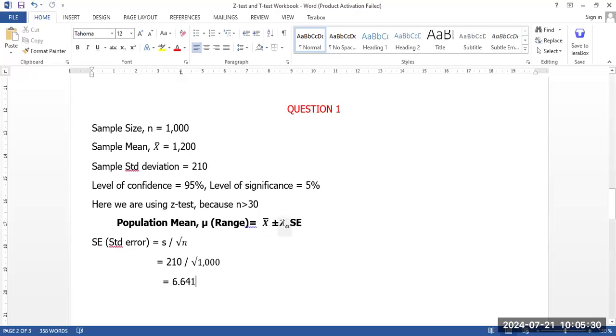From our formula, do you have Z alpha? That is the value from the table. Do you have it?